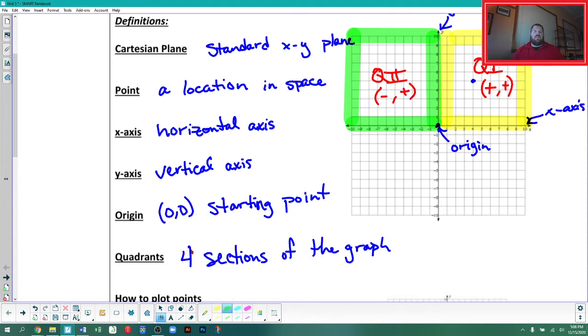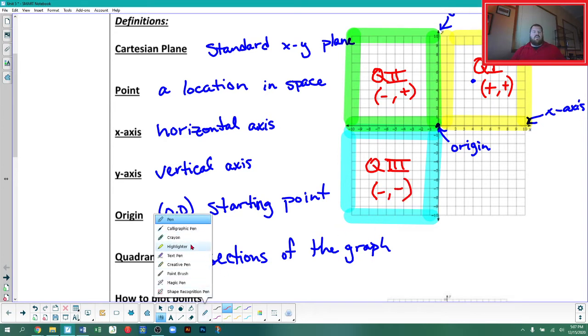Okay. Next one, working our way counterclockwise, is down here. And this one would be Q3. In quadrant 3, all points have negative x values and negative y values.